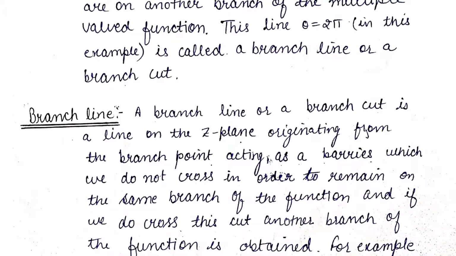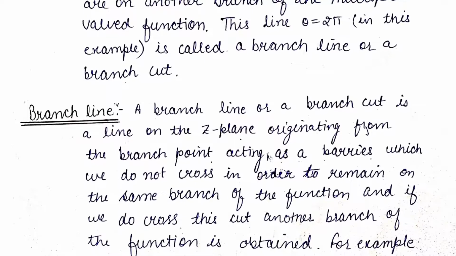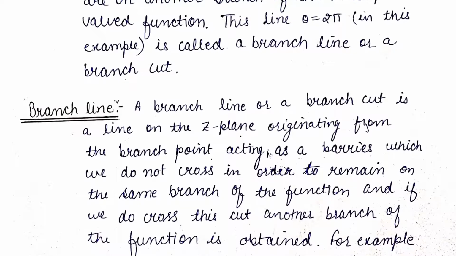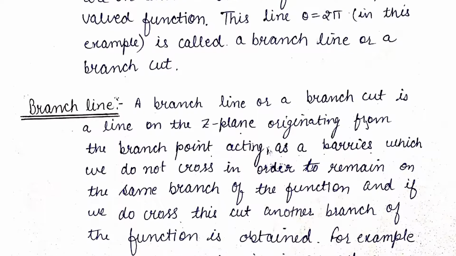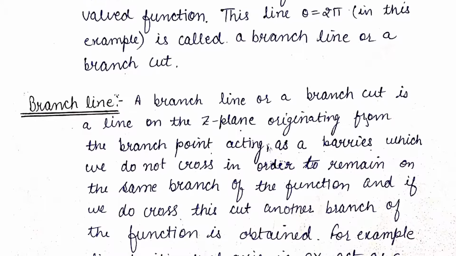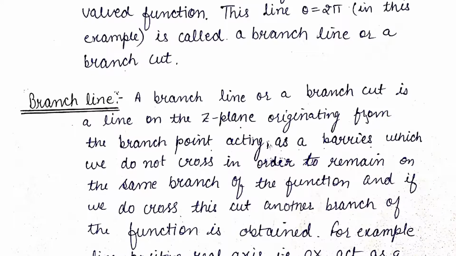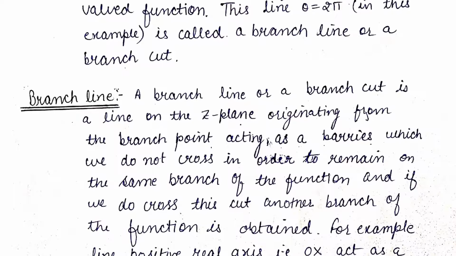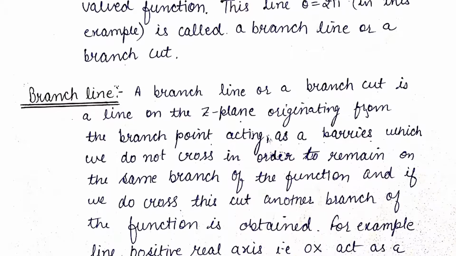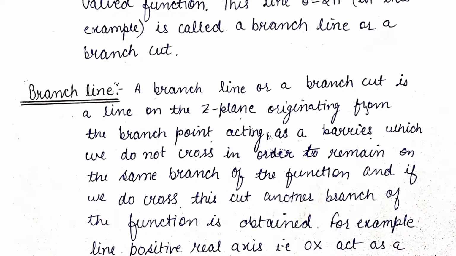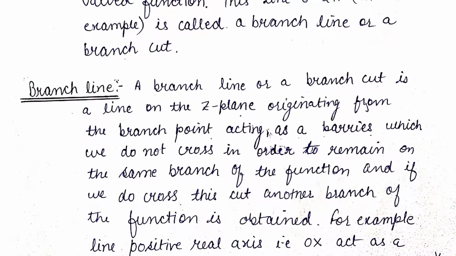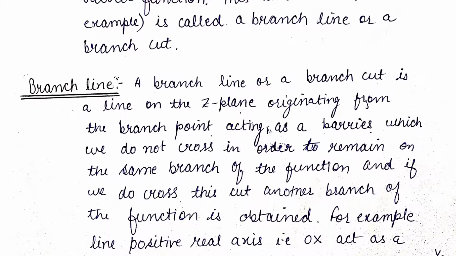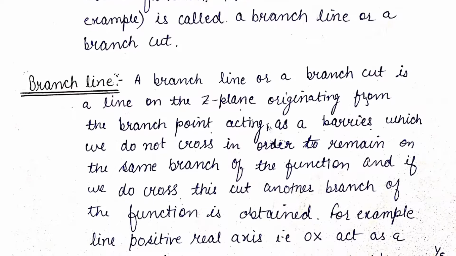That is, the line which originates from the branch point and can have any length is called a branch line or branch cut, and whenever we cross this line we are on another branch of the function.